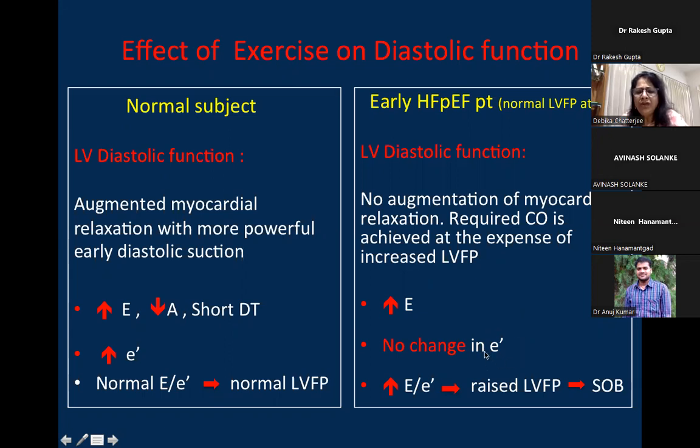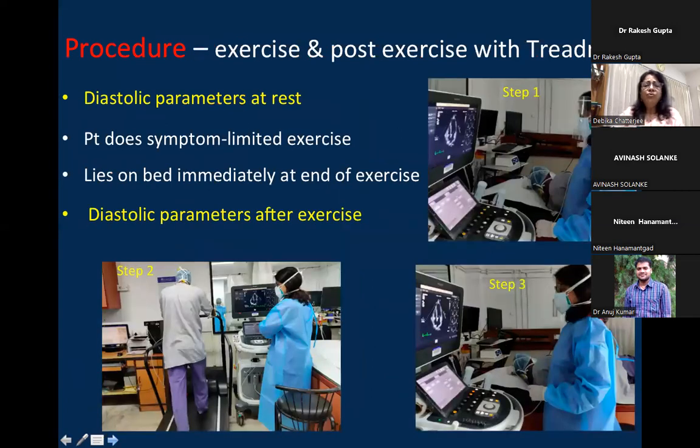So E becomes tall, E prime is not increasing. That changes the E by E prime ratio. It gives a high E by E prime ratio, indicating raised LV filling pressure, and that is why the patient is having shortness of breath.